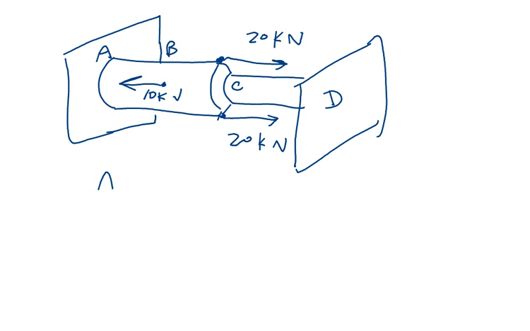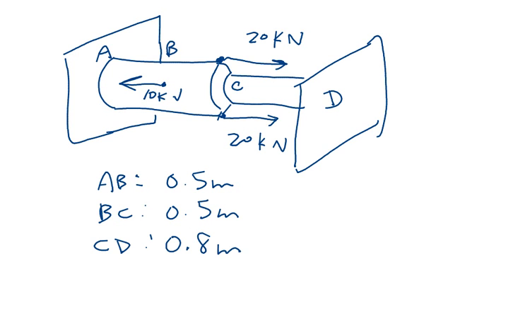Let's say AB is half a meter long. BC is also half a meter long. All right, CD, let's say, is 0.8 meters long.